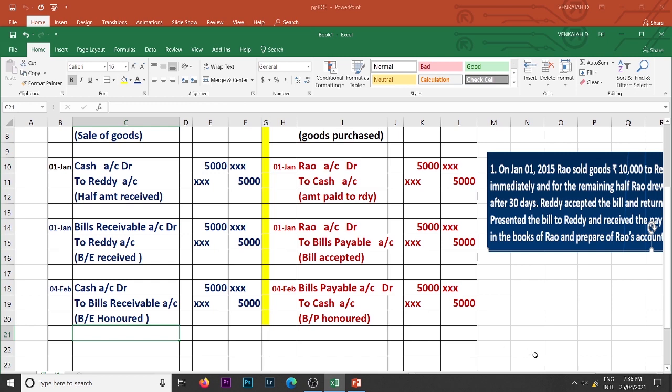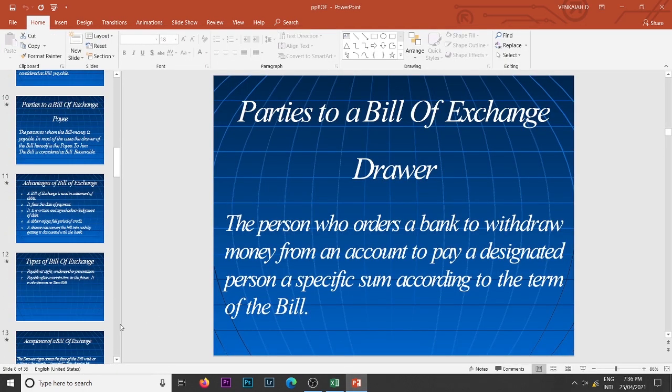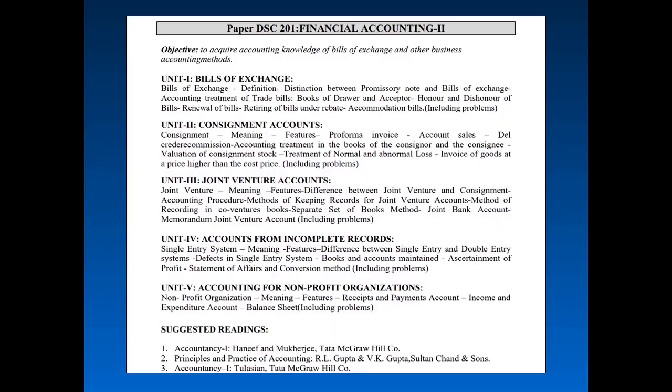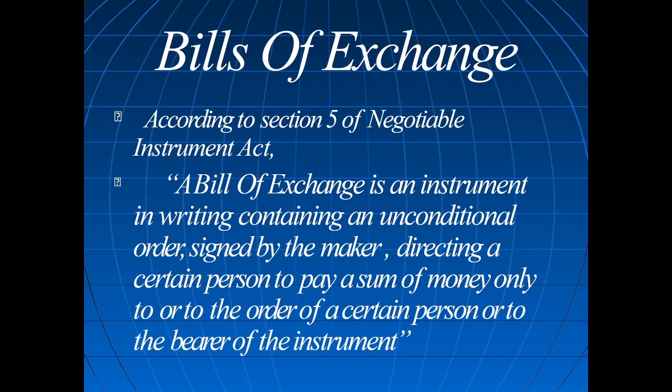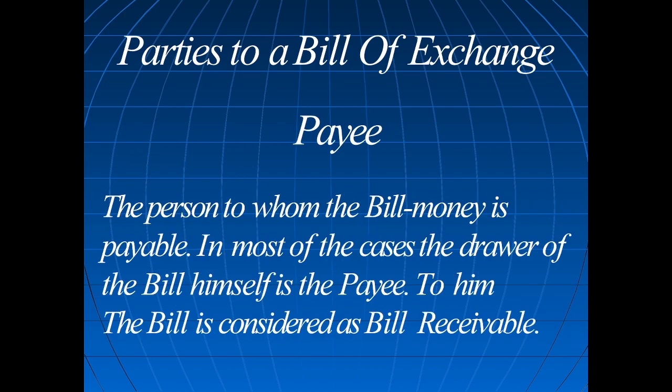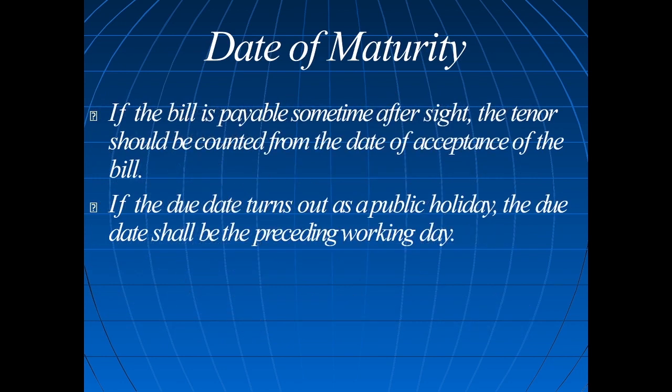Okay, students, I think it may be clear. So this is the first problem, a basic problem for the journal entries. Before that, first please enter the journal entries in your books. Learn those journal entries by heart. Journal entries are according to the situation.